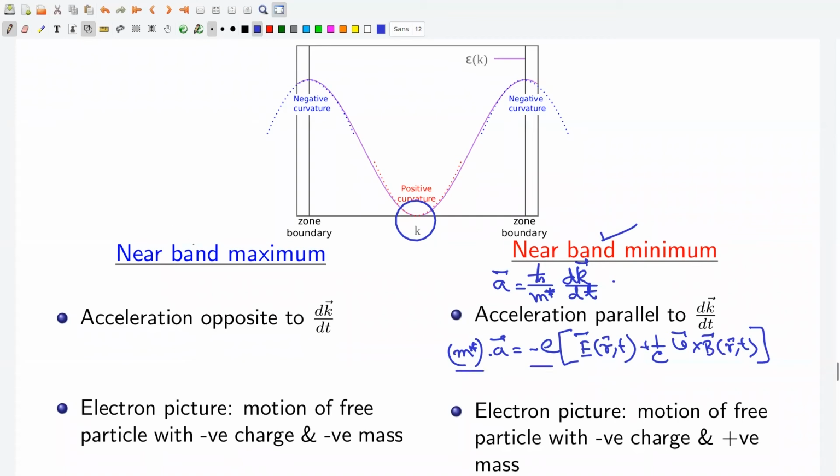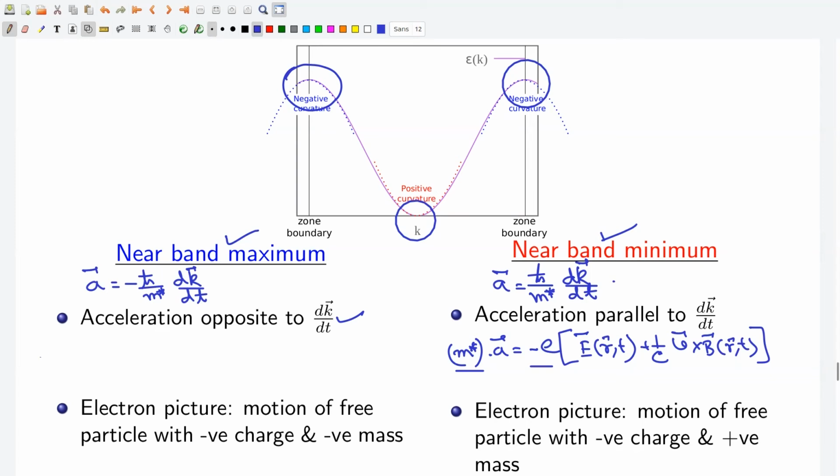Now, if we focus on a region near the band maximum, that is in this region and in this region, the acceleration is opposite to dk dt. That is, we can write acceleration is equal to minus h bar divided by m star dk dt, where m star has the dimension of mass.